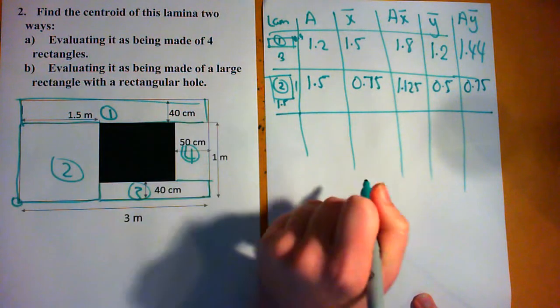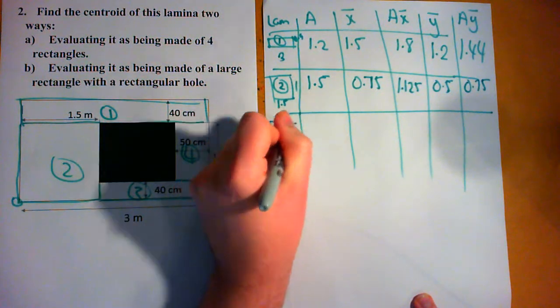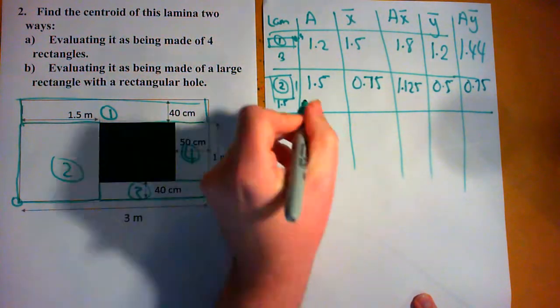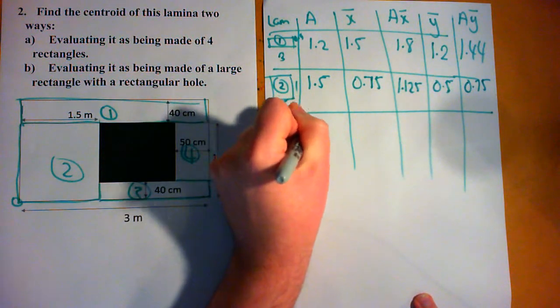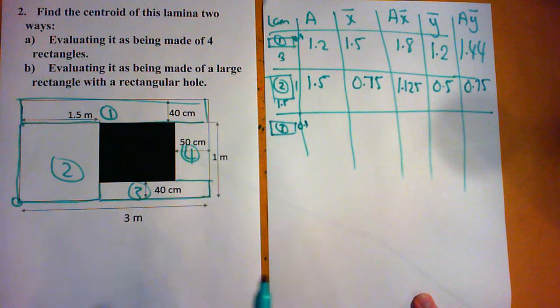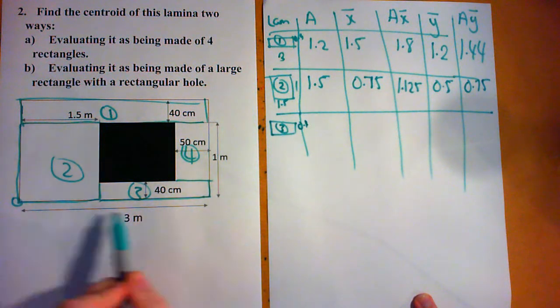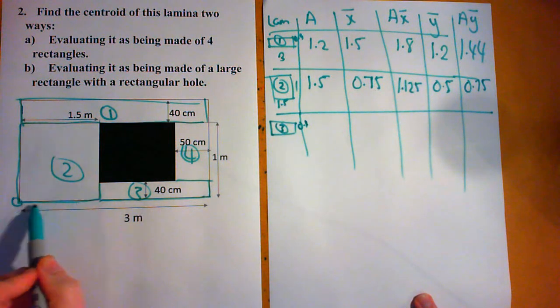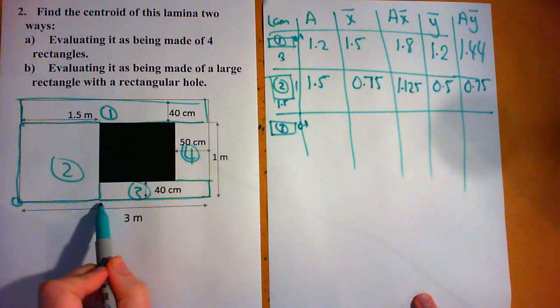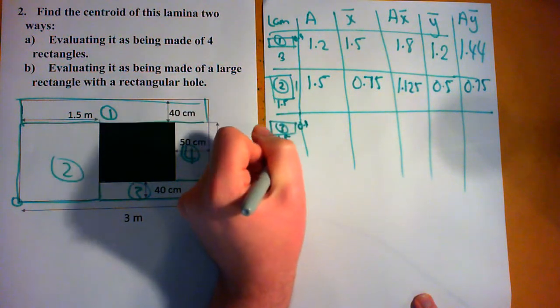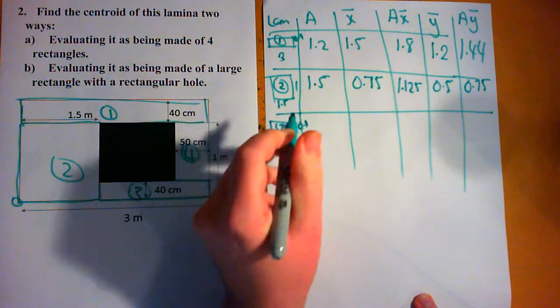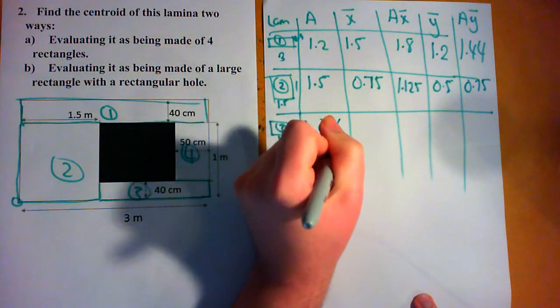Now rectangle 3, which is that small little thing in the lower right, has a height of 0.4 of a metre, and the whole thing's 3 metres long. This one took up 1.5 metres, so this one must be 1.5 metres wide. So it's 1.5 metres times 0.4 of a metre, which is 0.6.